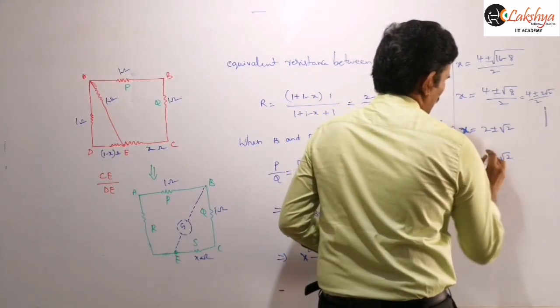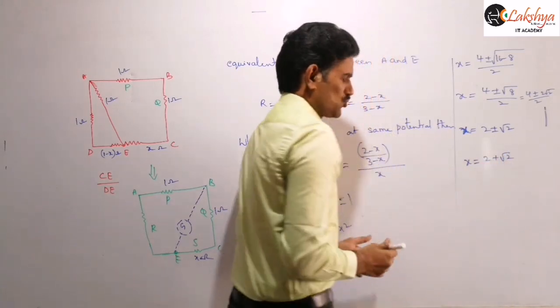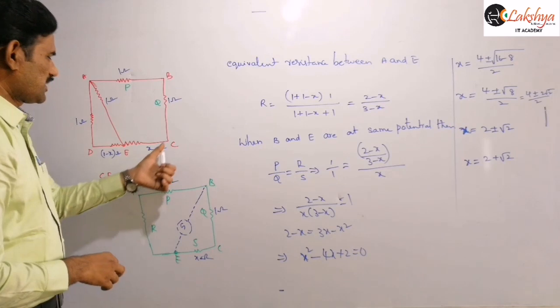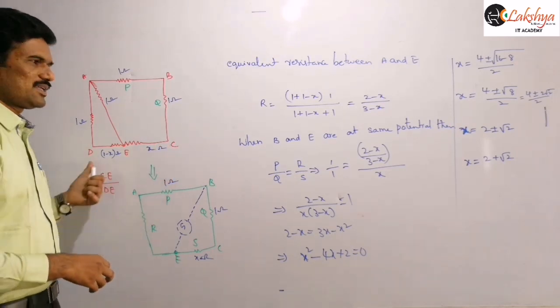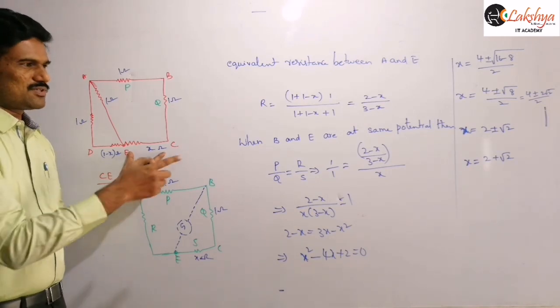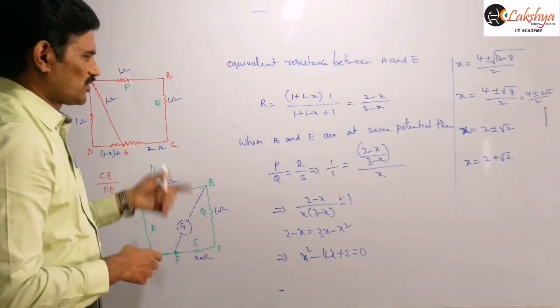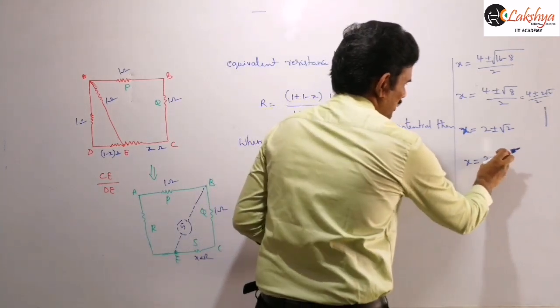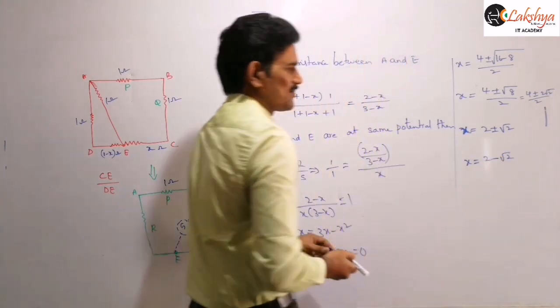If you are taking it as 2 plus root 2, then clearly you can observe that you will get that X value as greater than 2, which is not possible because our total resistance between C and D is 1 ohm only, and so the X value is a part of that, and so X value must be less than 1, and so for that reason we should consider this X value as 2 minus root 2 only. So that is our X value.